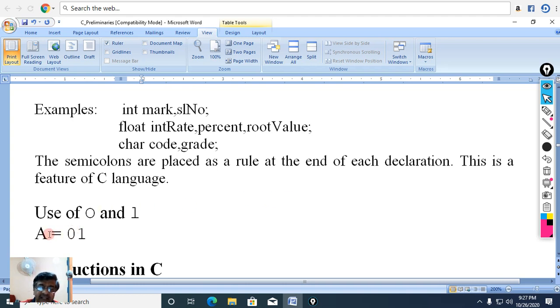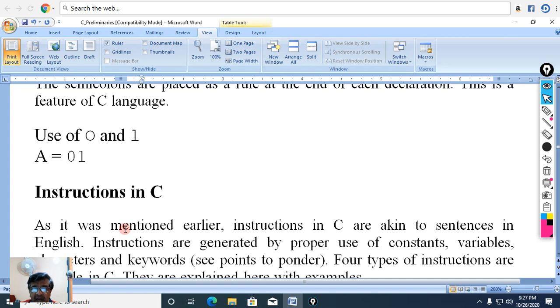So for example, here is a variable a which is assigned 0 1, but it looks like O and this looks like L. You also cannot name a variable using O and L because it is confusing. This problem would surface particularly while debugging the program.